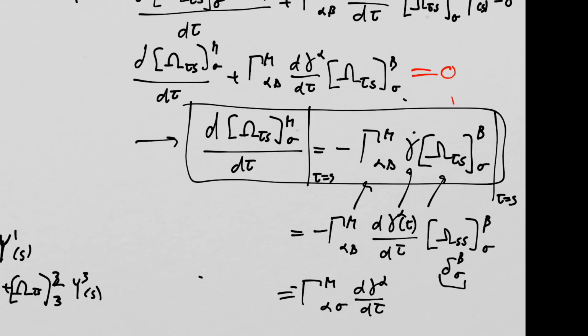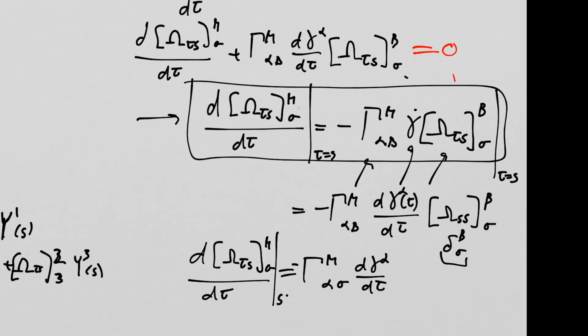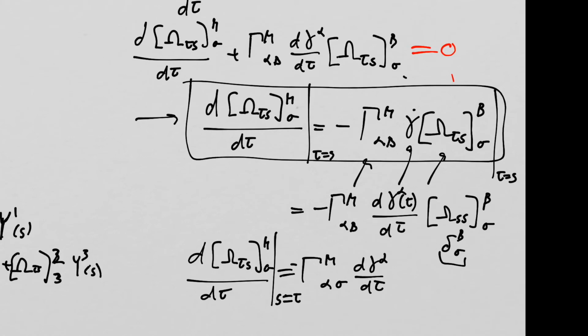And this is the derivative of ts mu sigma dt evaluated at s equals t.